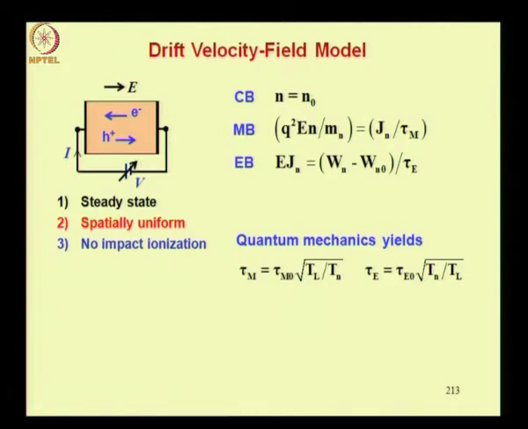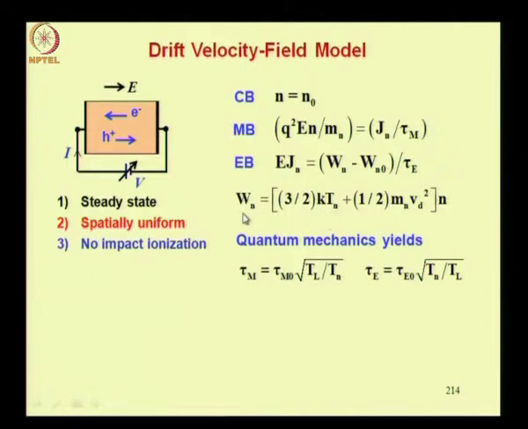Now that being the case, we need to express the energy balance equation in terms of the carrier temperature, because the equations derived for tau m and tau e from quantum mechanics contain the electron temperature. To convert the energy balance equation into an equation for electron temperature, we use this relation for kinetic energy density Wn in terms of the carrier temperature Tn.